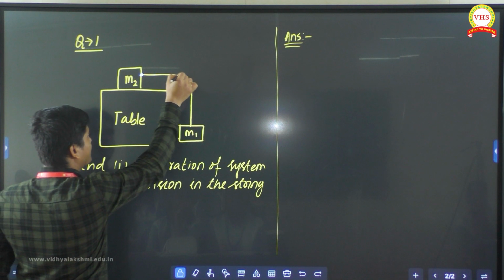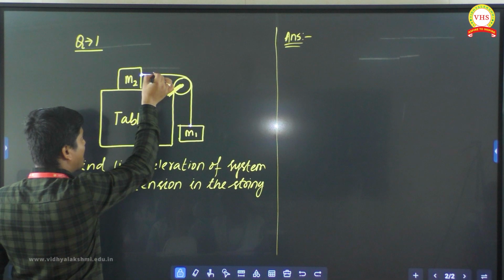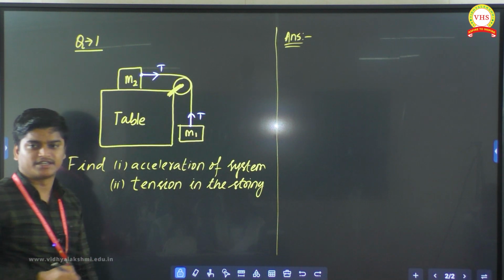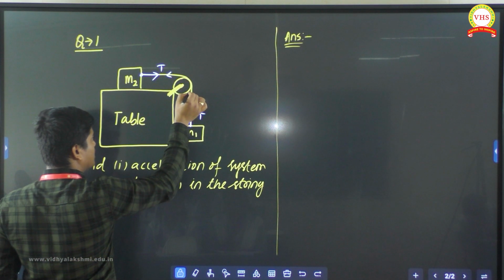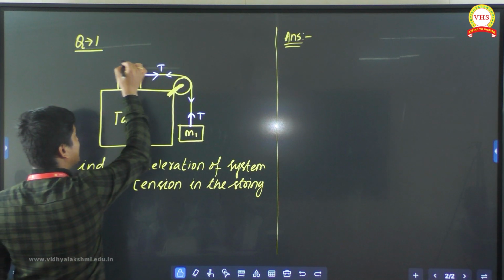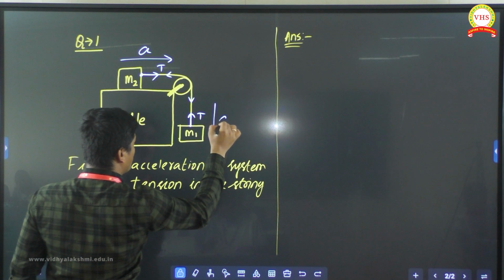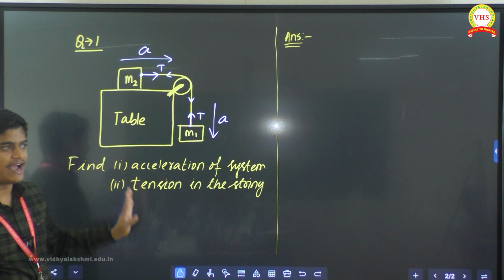That means at each and every point tension will be the same. On M2 tension will act in this direction. On M1 tension will act in the upward direction. Yes or no? Clear. And on this pulley tension will act in this direction, and here it will be like this. And you consider the acceleration is towards the right for M2, and for M1 the acceleration is downward. Remember that. And tension will be the same, that is T, I have taken.